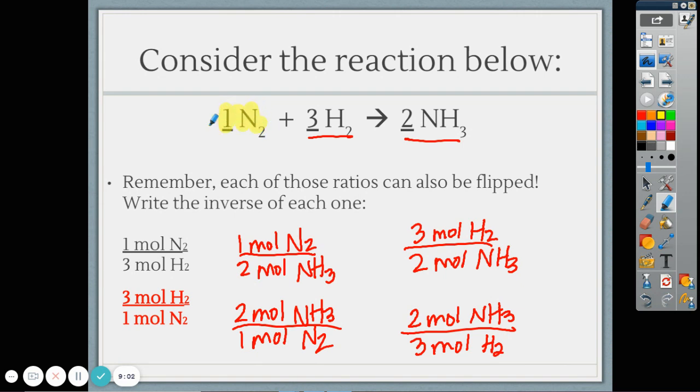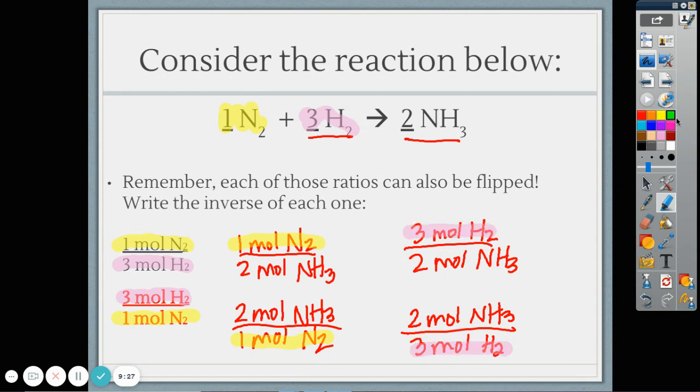I just want to really make sure that we're good with this: anytime I see nitrogen in these ratios, it always has a 1 with it. So there's 1 mole of nitrogen. Anytime there's nitrogen, it got a 1. But anytime we used hydrogen, it has a 3. So here's 3 moles of hydrogen, 3 moles of hydrogen, and so on.